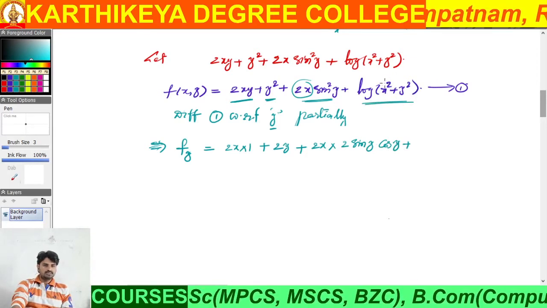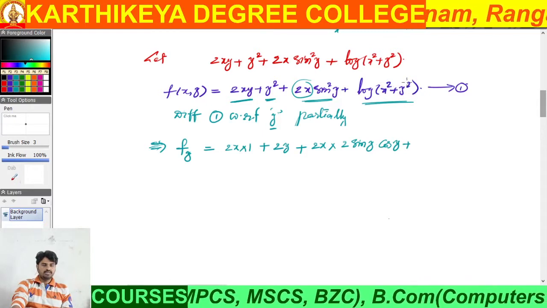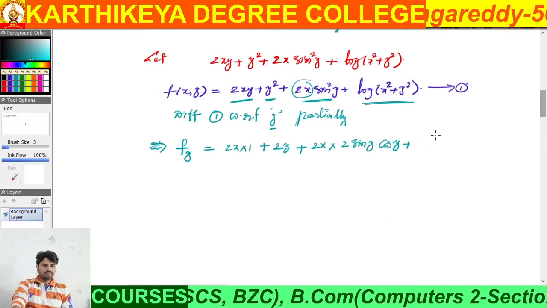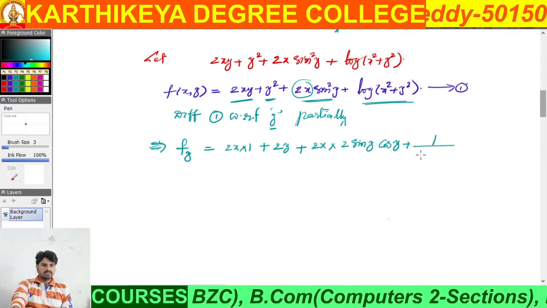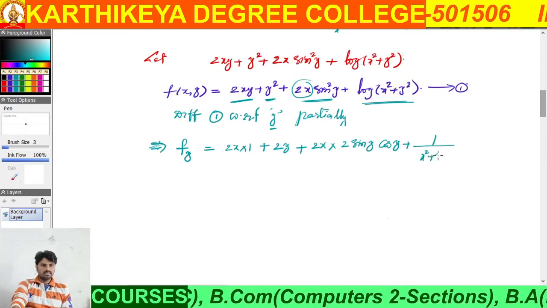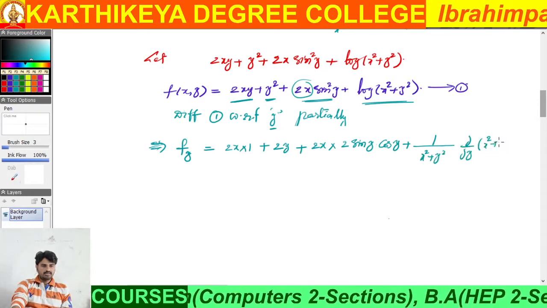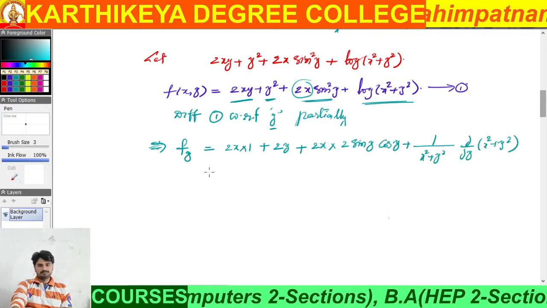You can observe whether the function will contain the y term or not. If it has a y term, you can write the log derivative. The derivative of log x is equal to 1 by x. The same process, dou by dou y of x square plus y square, you can write here.